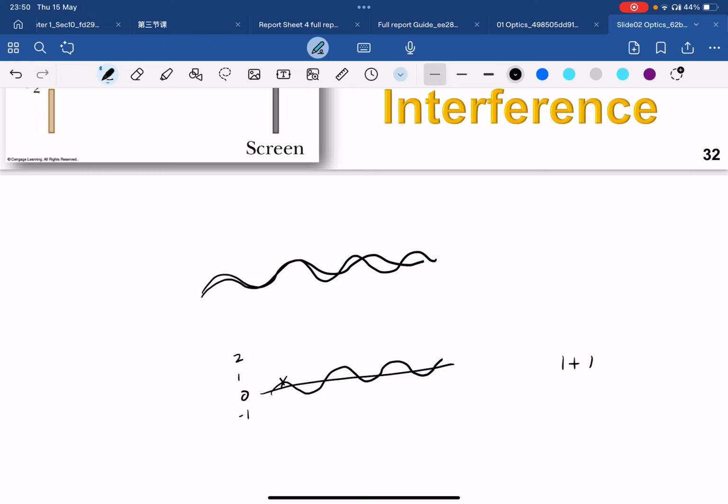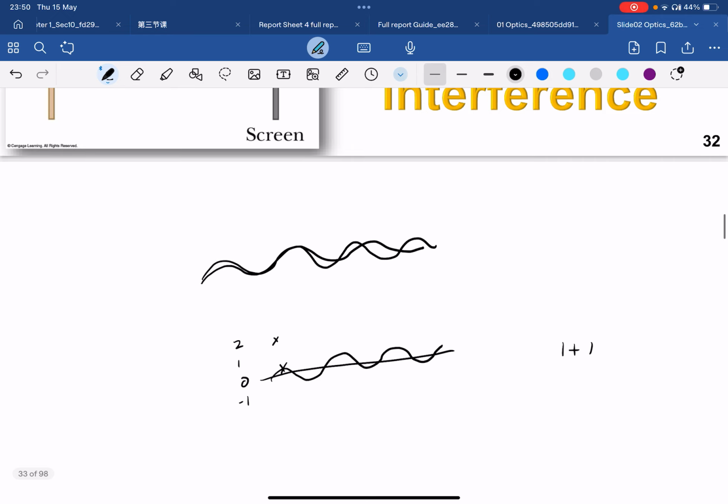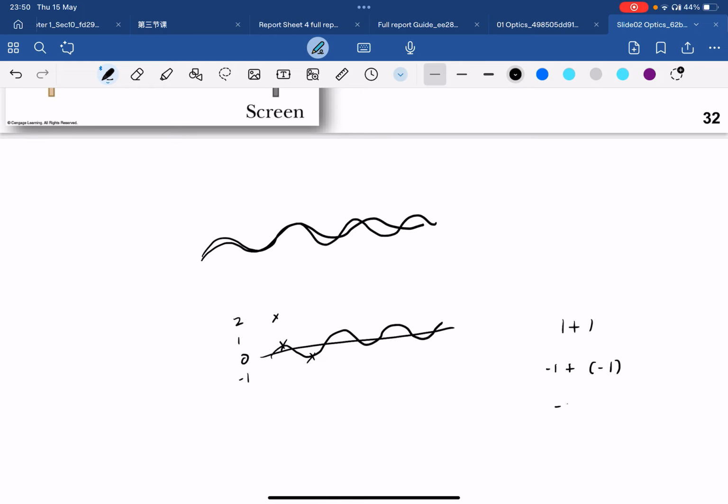And so then it constructs essentially a different wave. So over here at this point, it becomes -1 plus -1. Then it becomes -2. So then there's a different point here. And then it's the same over here, and over here, and over here.